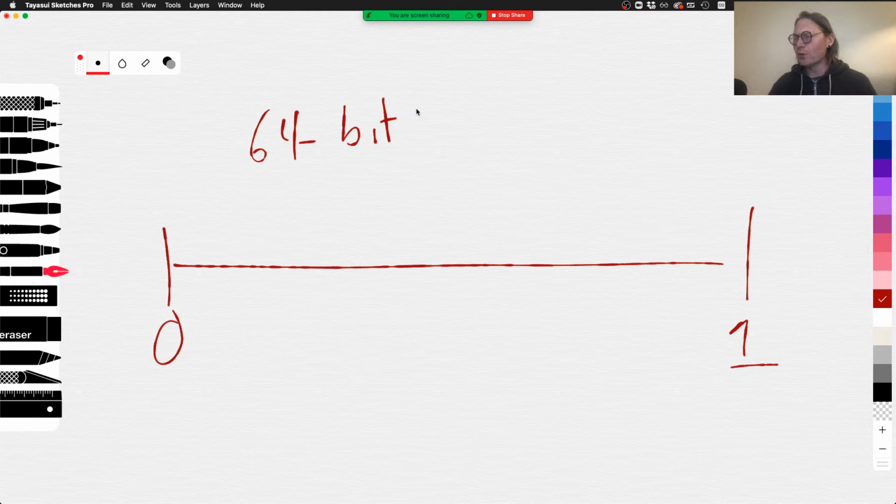I'm not sure offhand how many different floats you can represent, but it is a limited number, right? And so we never really have something purely continuous with a computer. We have something that is pseudo-continuous, and that's 64-bit floats.